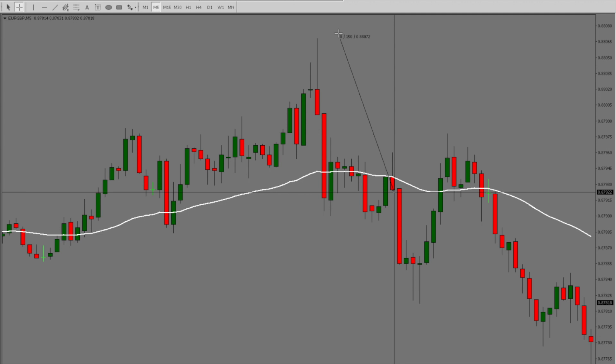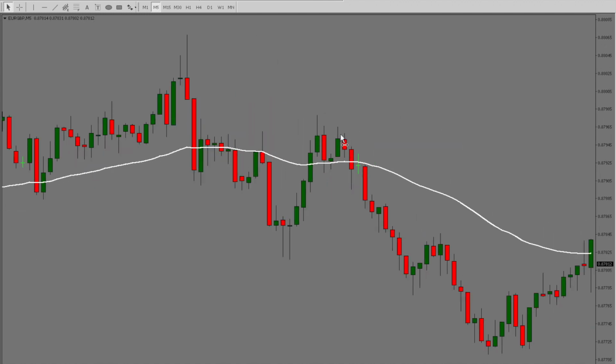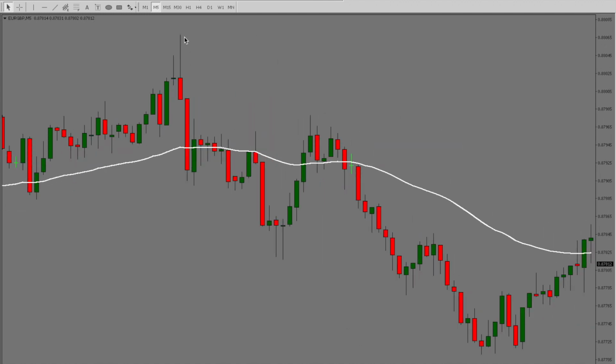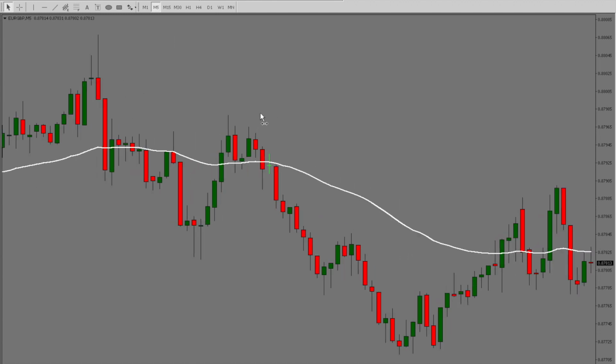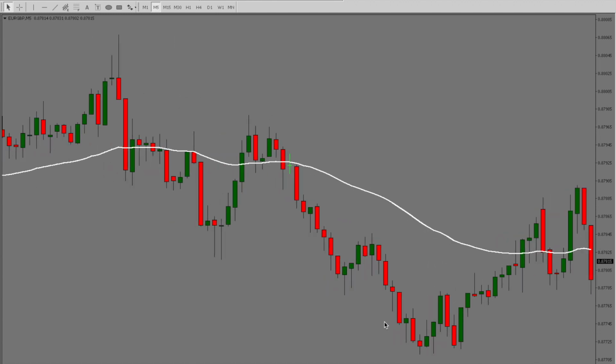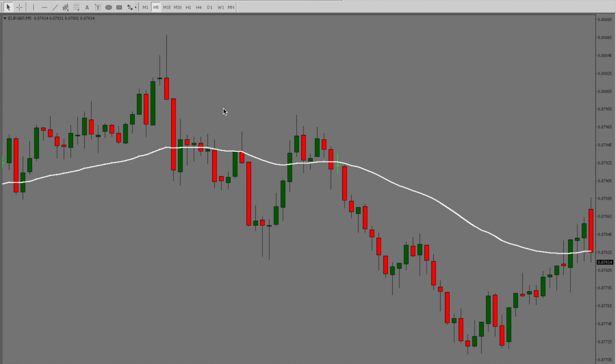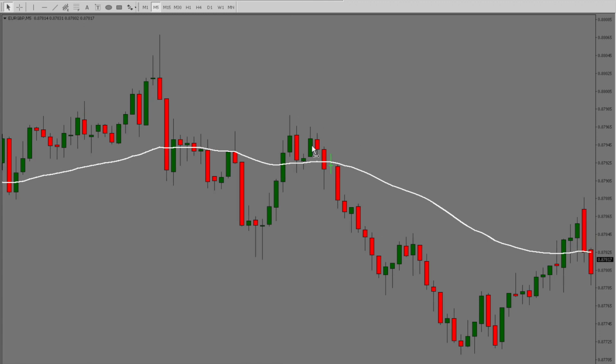This is 150 points or 15 pips, and the price just goes to here, 10 pips, and then it goes up again. So if you had your stop loss here, you might have made 1-to-1 profit here, but if you are greedy, you would have placed your stop loss here and you would be taken out.